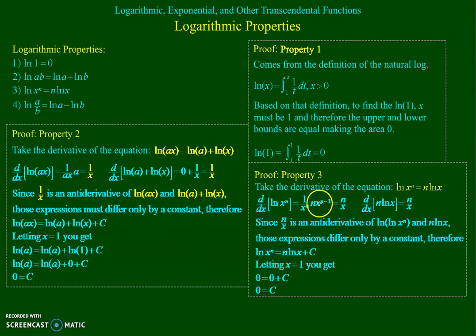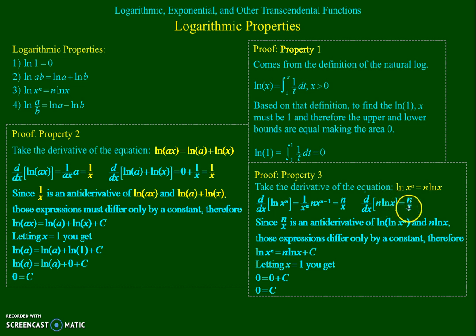Now, here we have x to the n minus 1 divided by x to the n, and you can clearly see then that the x's combine, and we're left with n times x to the negative 1, which of course is n over x. Now we'll take the derivative of the right hand side, and we have n times ln of x. Using the constant multiple rule, pull out the n.